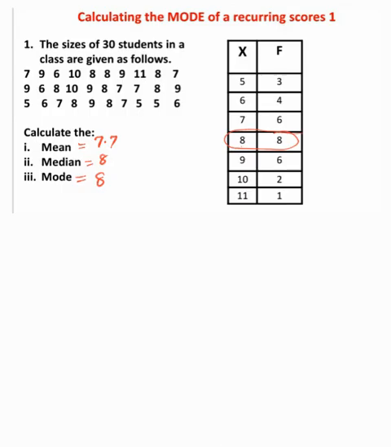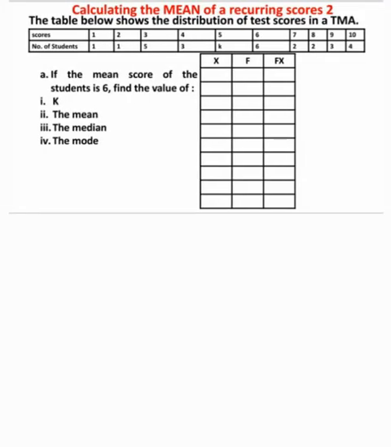All right. So we can now talk about calculating the mean of a recurring score too. This is the case when the table is already given to us. If the table is already given, all you need to do is to rearrange the table the way that it will suit you. You can have your column for the fx.